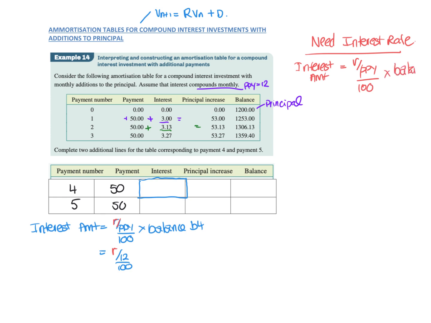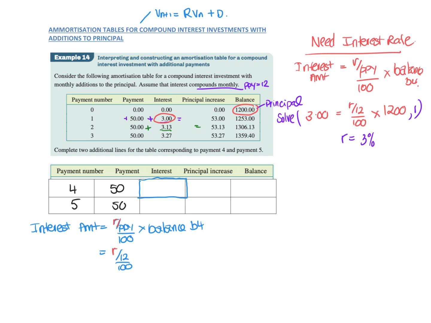So I'm going to use another scenario up here, that interest and that balance before. I know the interest was $3, and PPY was 12 over 100 times the balance before. Then you can just do solve if you like, and we can work out what R equals. So now we know that the rate was 3%.